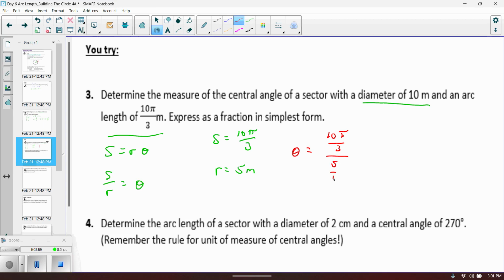Let's make it a fraction, make it 5 over 1. So that's going to be 10 pi thirds times the reciprocal, which is 1/5, which will give us 10 pi over 15. And 5 goes into both 10 and 15, so that's going to reduce to 2 pi thirds. And that is your central angle.